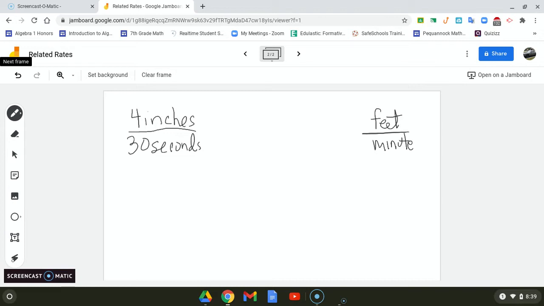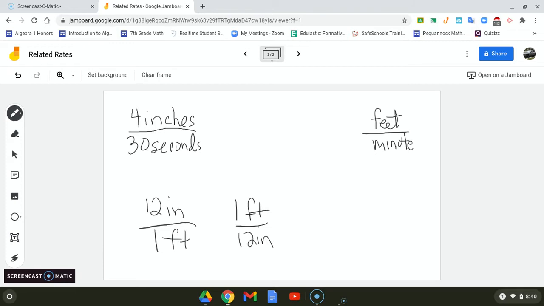And what we have to do is multiply by 1. The way that 1 is going to look, it's either going to look like 12 inches over 1 foot, or it's going to look like 1 foot over 12 inches. And we have to figure out which one of those two fits in here best.